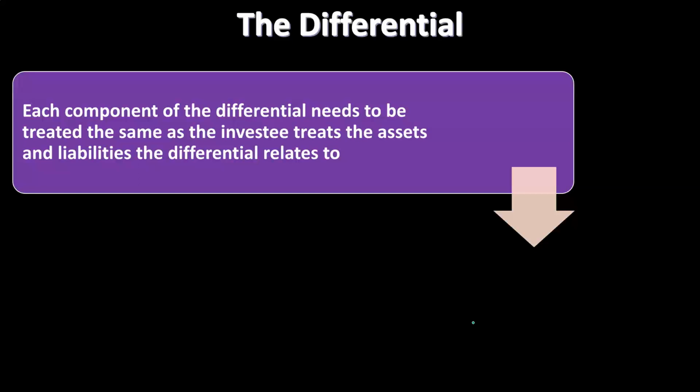Why did they pay more? Either when they fair valued the assets and liabilities, something was higher in value, such as buildings or land, and therefore you apply some of the differential to the difference in the value of the assets acquired, and or there's some intangible that wasn't on the books that the differential is accounting for, typically goodwill.